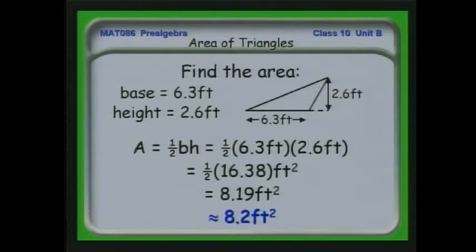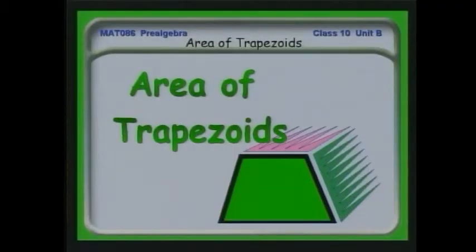And typically, if your lengths are given to the nearest tenth, and when you multiply that, you get something to the nearest hundredth, it's not untypical to round off just to the length that you were given, in this case to the nearest tenth.